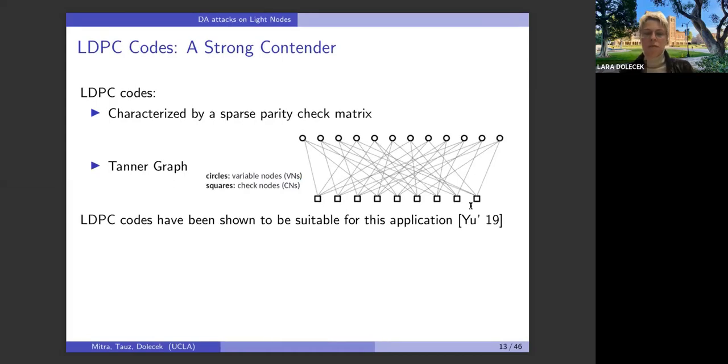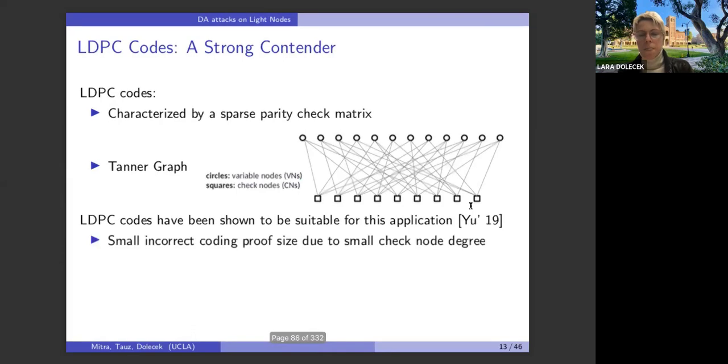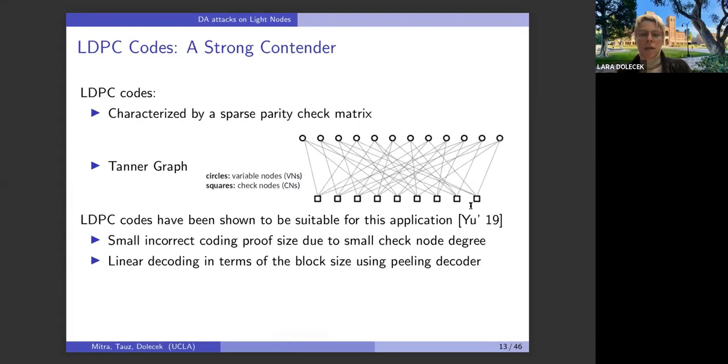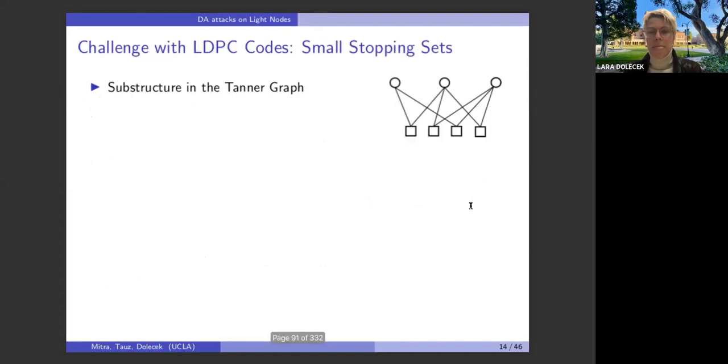In fact, previous work demonstrated that LDPC codes, for precisely these reasons, are suitable for this application, because, in the parlance of blockchain systems, they have a small incorrect coding proof size, precisely because they have small check node degree. And we are equipped with linear decoding using known techniques such as the peeling decoder to overcome erasure errors. So the question is, how well can this do? What is the undecodable ratio? What is that delta?